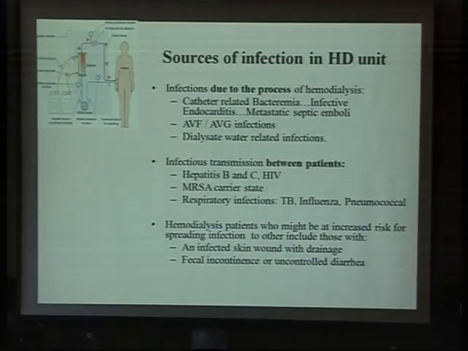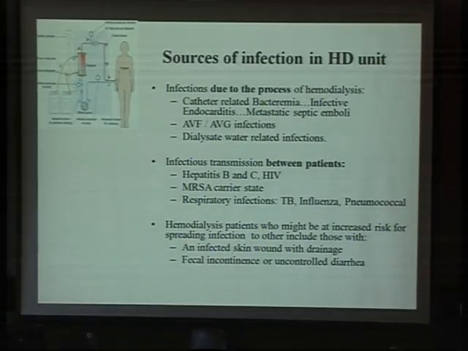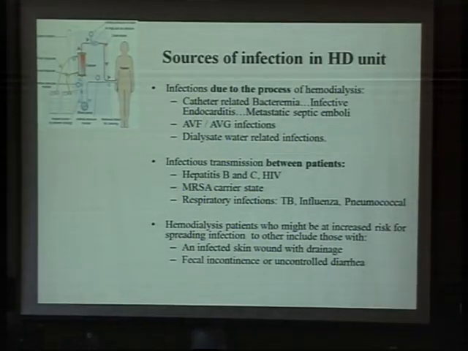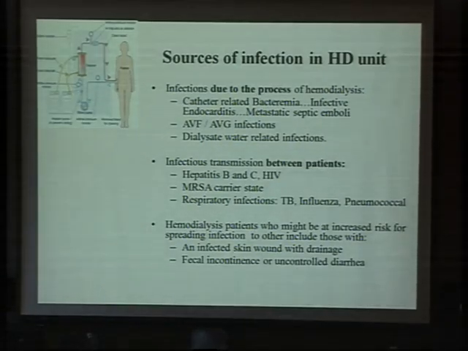What is the source of infection in the hemodialysis unit? It is due to procedures common through the process of hemodialysis, so we are talking about vascular access problems and the dialysate water, or between patients through contact, patients with blood-borne pathogens or droplet infection, which also carry the risk of transmission of infection.